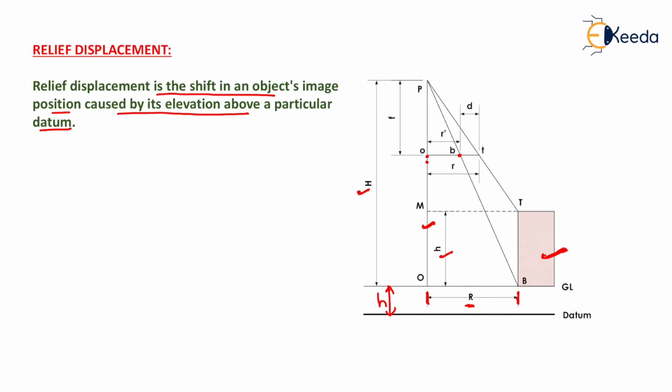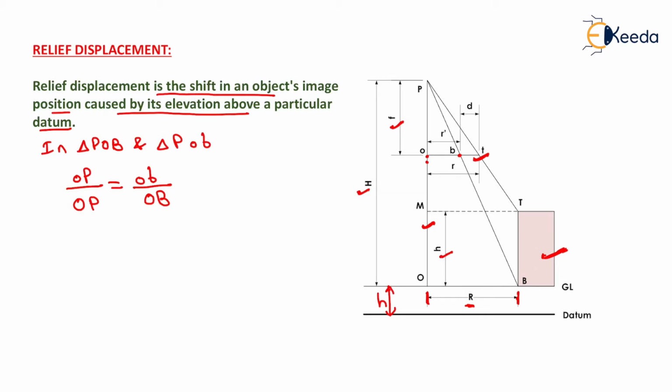Now this is the positive image which is formed in front of the camera. So this distance OP will be equals to the focal length small f. Now if we want to compute the relief displacement, then we have to use the similar triangle concept, that is in triangle POB and triangle P small o small b, then small op upon capital OP will be equals to small ob upon capital OB.